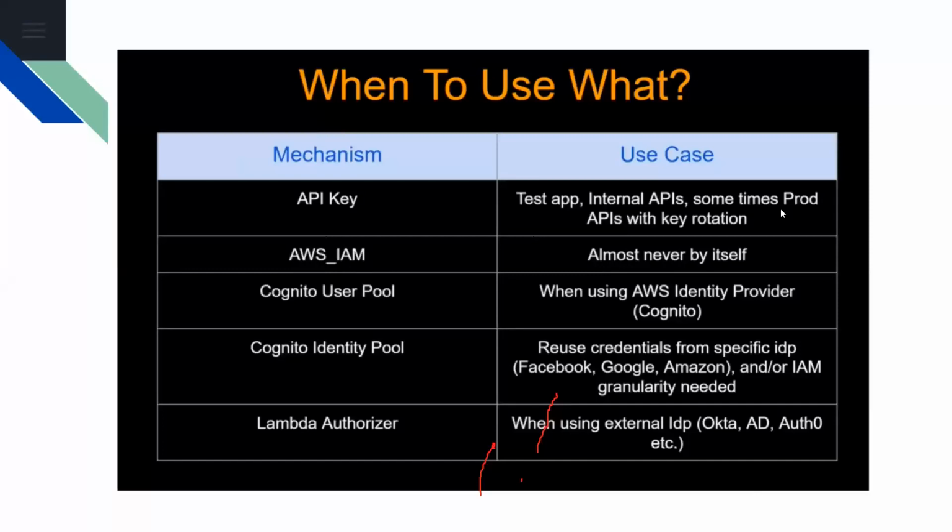And sometimes these API keys are used with production APIs with key rotation. Sometimes API keys, as insecure as they are, are used in production APIs, but then the keys have to be rotating.